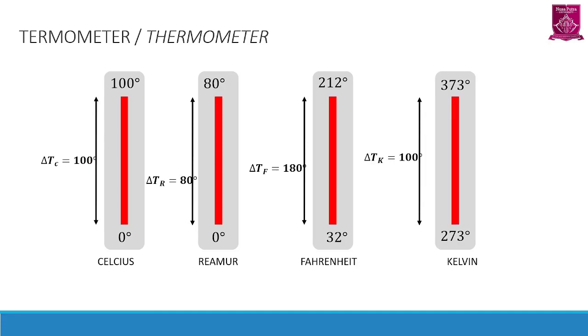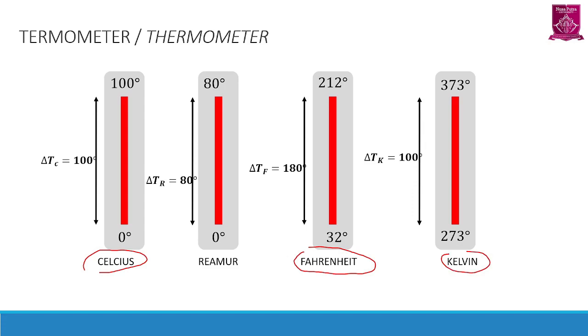And now, for thermometers in some regions in Indonesia, we use the Celsius scale, and in the United States of America, they use the Fahrenheit scale, and the international standard is the Kelvin unit.